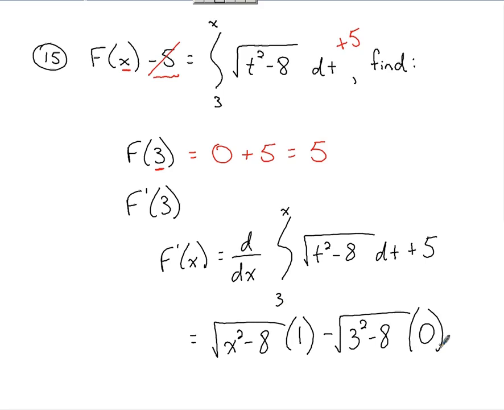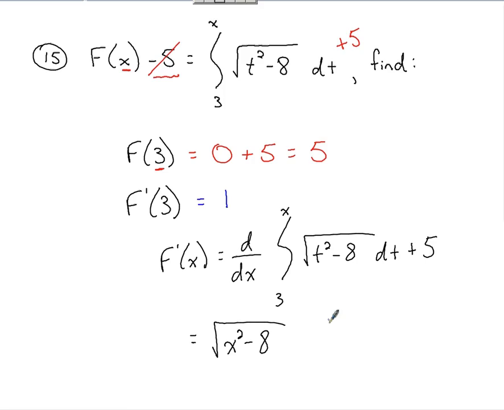So f prime of x equals all of this, and if I simplified it, all that would be left would be the square root of x squared minus 8. So if that's all that's left, knowing that I'm plugging 3 into this, it'd be 3 squared 9 minus 8, 1. I'm taking the square root of 1, which is simply 1.